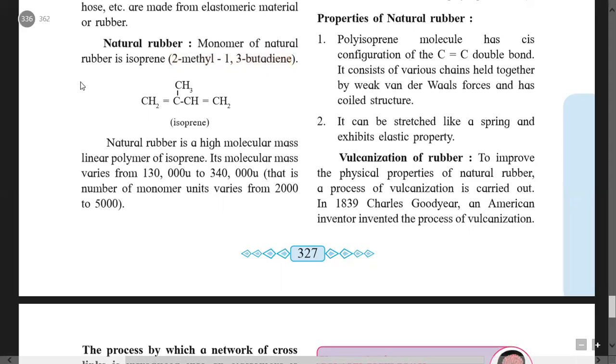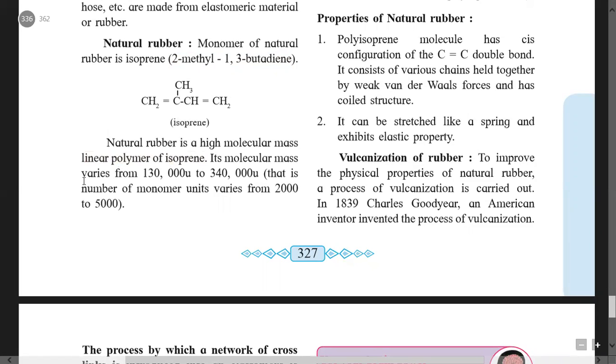So it is isoprene, or 2-methyl-1,3-butadiene. Natural rubber is a high molecular mass linear polymer of isoprene.